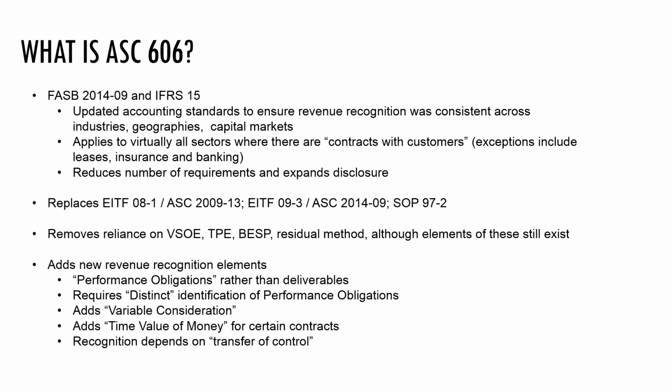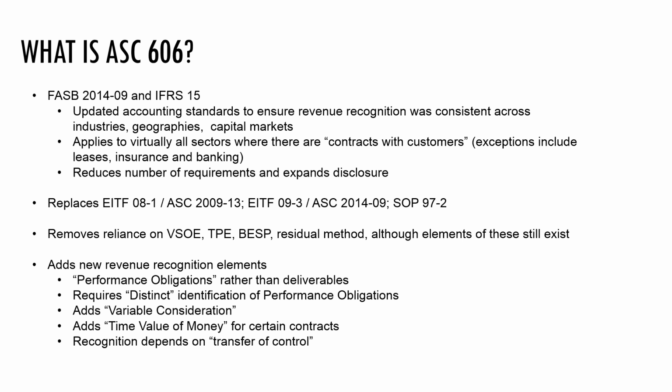It does not matter what business you're in, what industry you're in, what geography you're in, what capital market you're in. We need people who are using financial statements, investing in businesses, to be able to look at a set of financial statements where contracts with customers are involved and be able to make business decisions without having to understand standards that apply differently in the UK than they do in North America, US, Canada, Mexico.